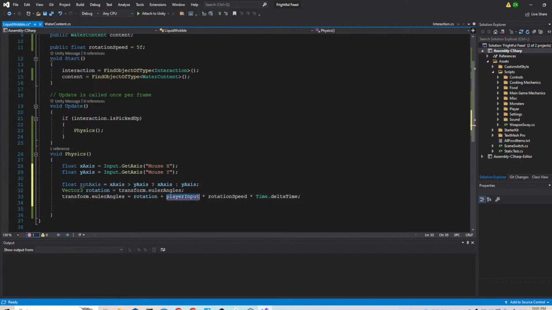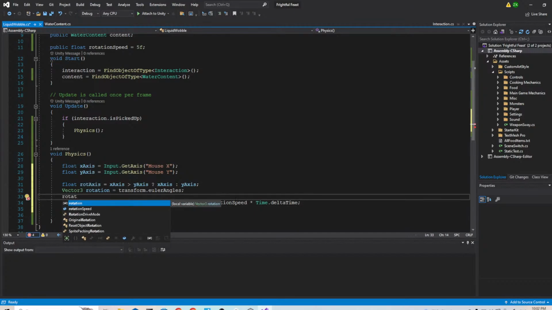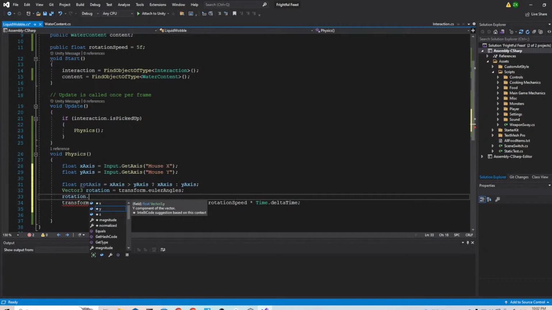Rotation, transfer value, rotation. I don't know how to do this.